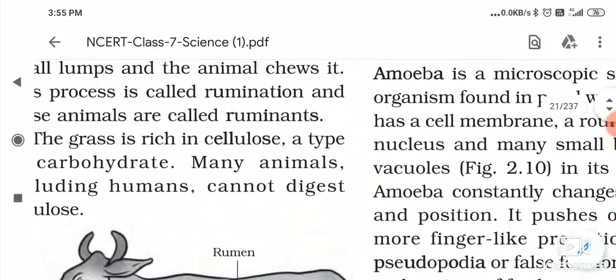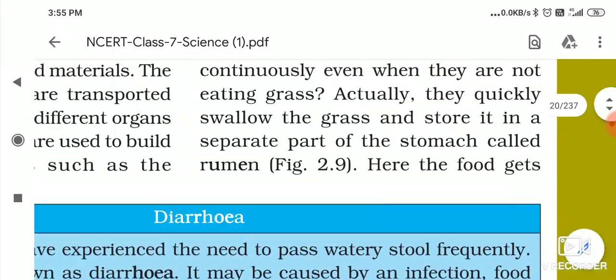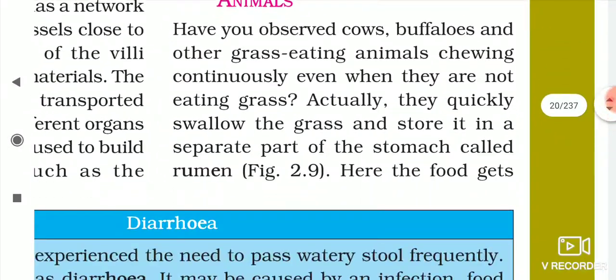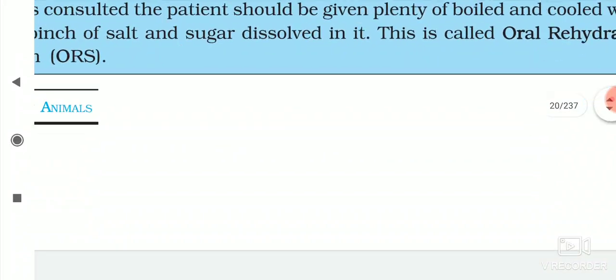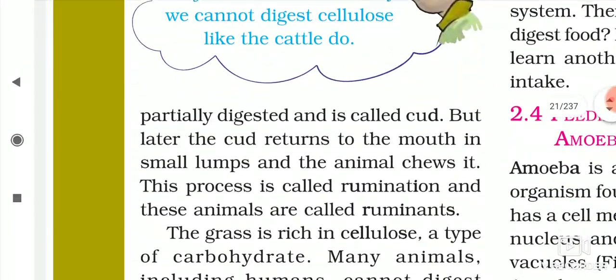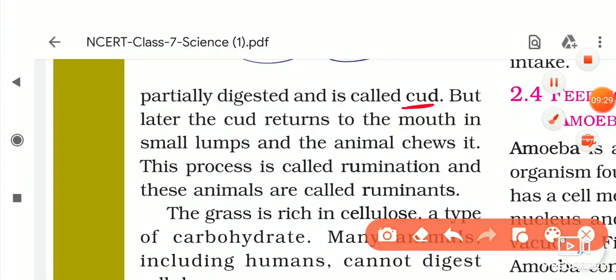Okay, now I repeat. Actually, they quickly swallow the grass and store it in a separate part of the stomach called rumen. Here the food gets partially digested and is called cud. Partially digested food is called cud.